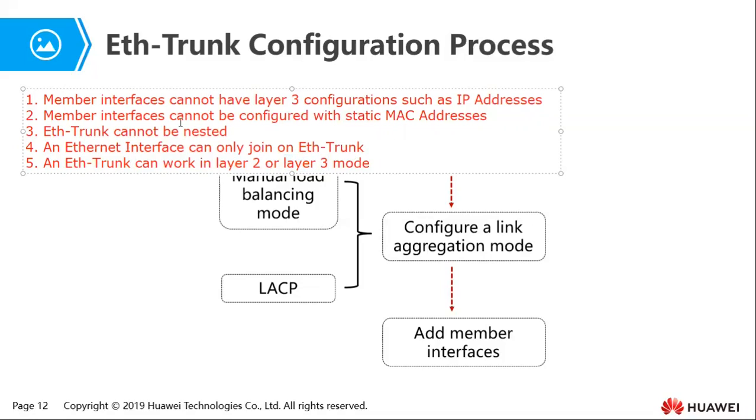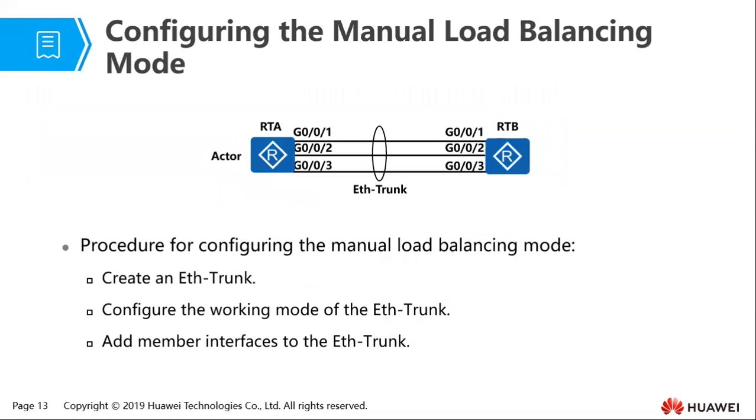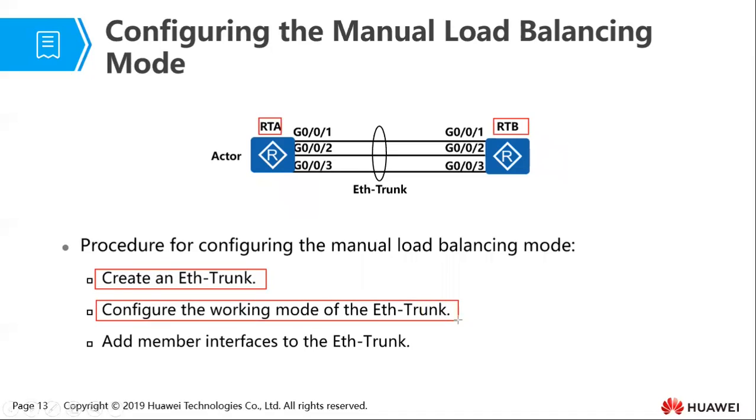Okay, so those are some of the things that you should remember about an Ethernet trunk. So let's look at how to do that. We have to do a number of things to create the Ethernet trunk between RTA and RTB. So the first thing is to create the Ethernet trunk. Then you configure the working mode. Then you add member interfaces.